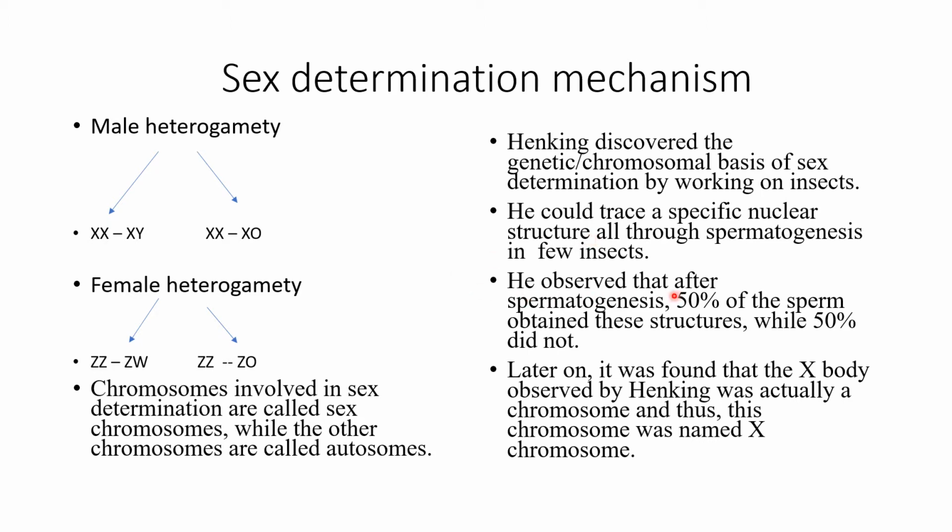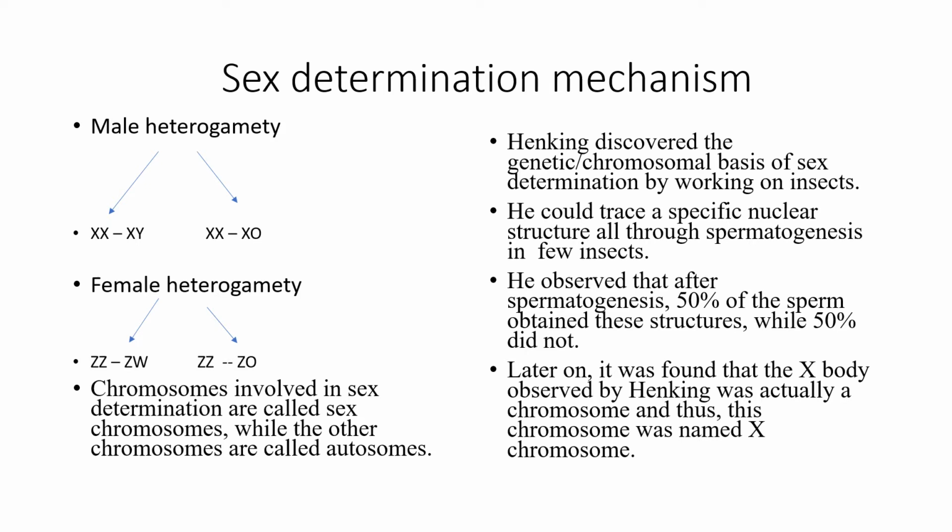He observed that after spermatogenesis, 50% of the sperm obtained this structure while 50% did not. Later on, it was found that the X body observed by Henking was actually nothing but the X chromosome, that was only named X chromosome later.